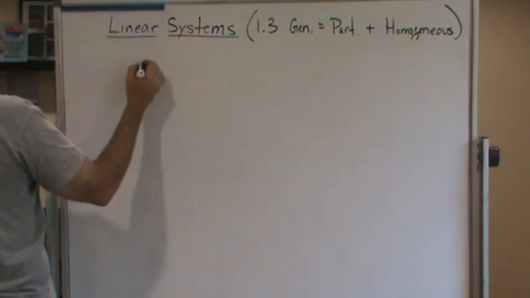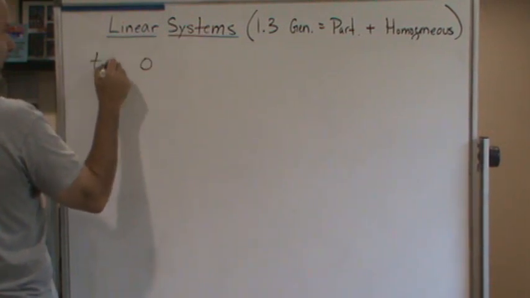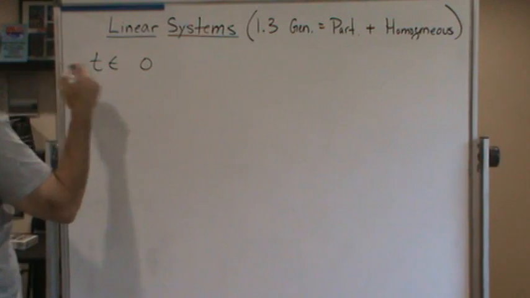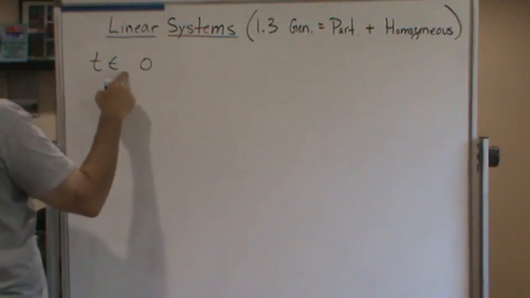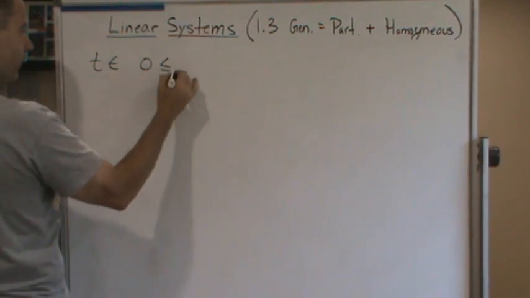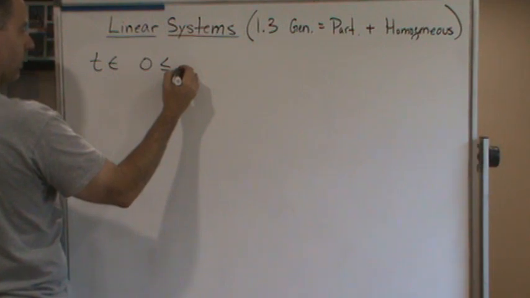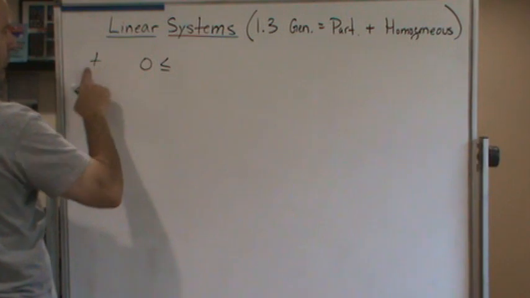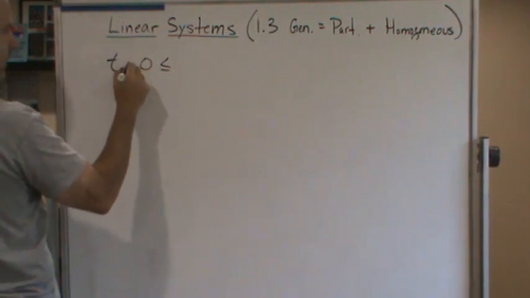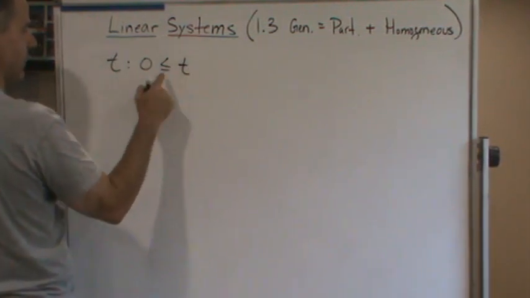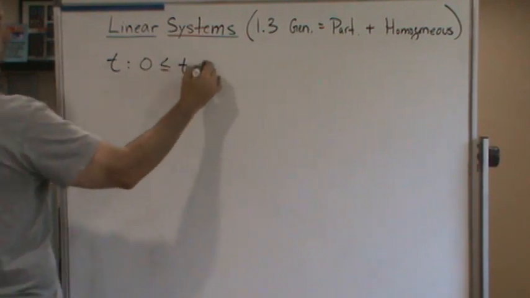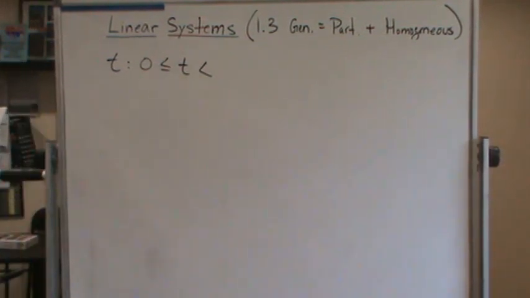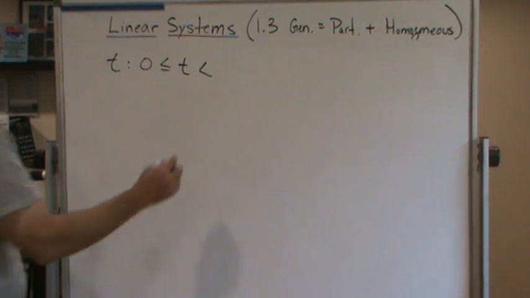So it's going to be where t is an element of this range. So t such that t is greater than or equal to 0 and less than n minus 1.